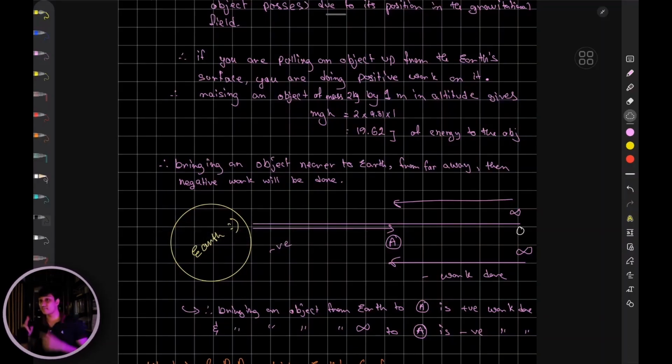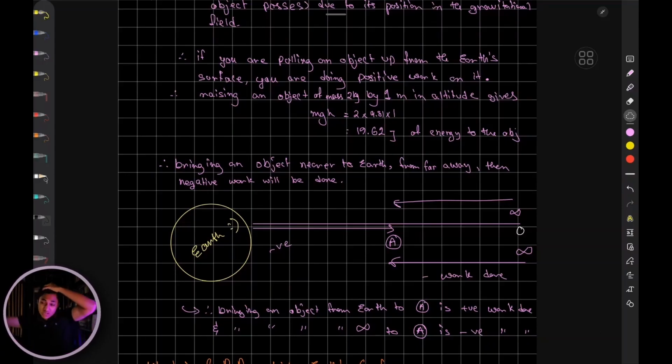Therefore, the first thing we have understood here is that at infinity, the gravitational potential energy is 0. Near the surface, the gravitational potential energy is negative. And since it is an attractive force, in the case of attractive forces, the gravitational potential energy is always going to be negative.